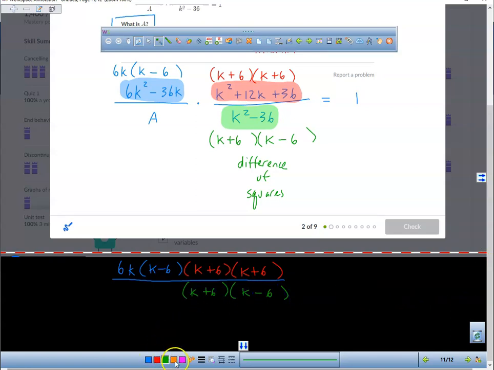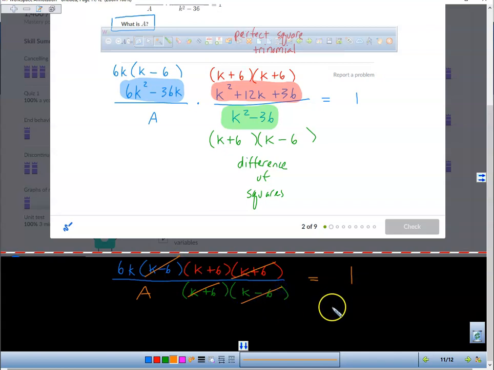What are we looking for? What would have to go here in order for it all to equal 1? So we get to cancel some things out and see what's left standing. Would you agree this k plus 6 cancels out this k plus 6, and this k minus 6 cancels out this k minus 6?